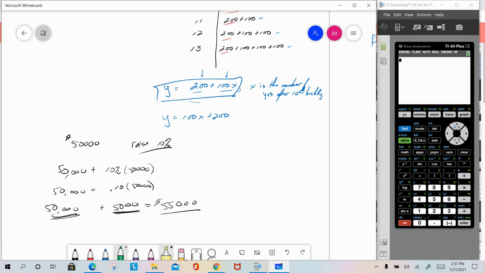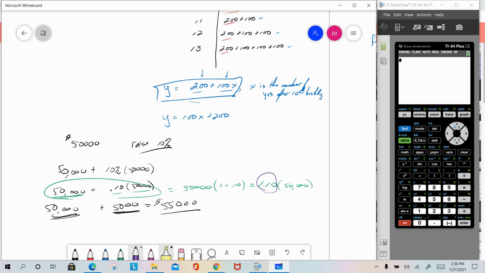But if you look here, this is where I want you to look. We could factor out 50,000. If we factor out that 50,000, this 50,000 divided by 50,000 is 1. 0.10 times 50,000 divided by 50,000 is 0.10, and that would be 1.10 times the 50,000, or 50,000 times the 1.10. It's this here that I want you to pay some attention to.